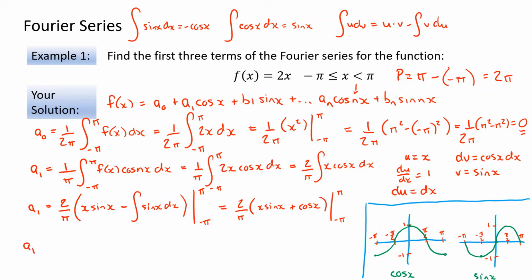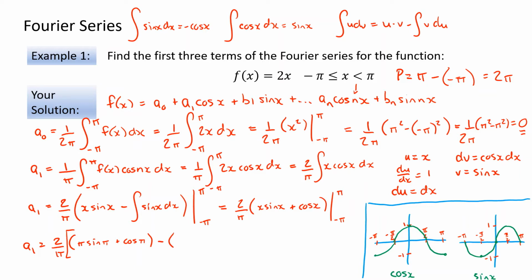So if I substitute, a1 is 2 over pi, and if I start substituting in pi and negative pi for the bounds here, you're going to see why those graphs were important. Our first instance, we have pi times the sine of pi plus cosine of pi. So that was at pi.